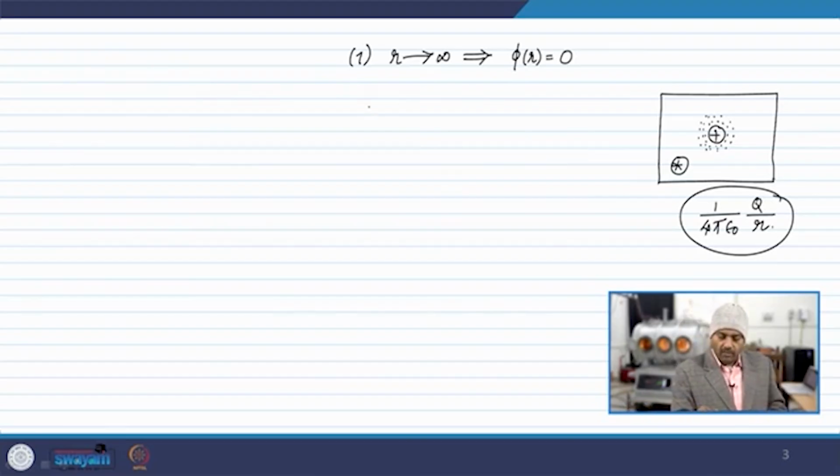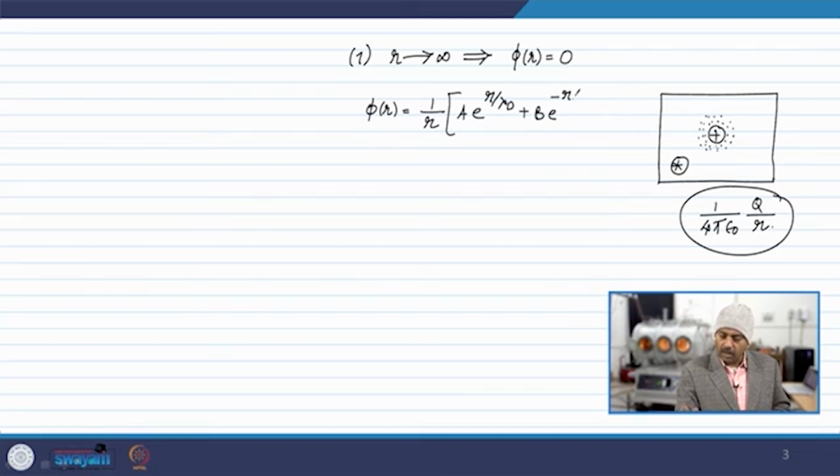Now, let us say the potential phi of r, the solution, is 1 by r times a e to the power of r by lambda d plus b e to the power of minus r by lambda d. Let us substitute this boundary condition into this equation.